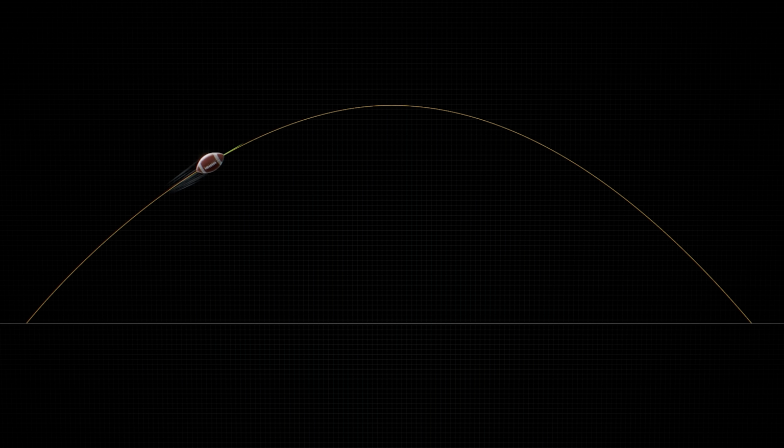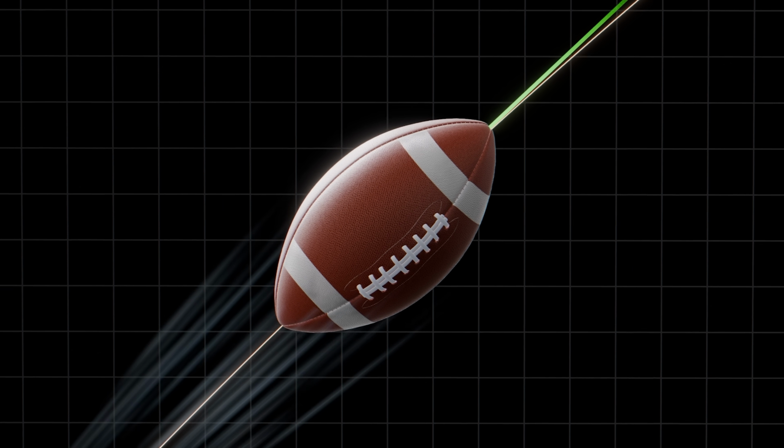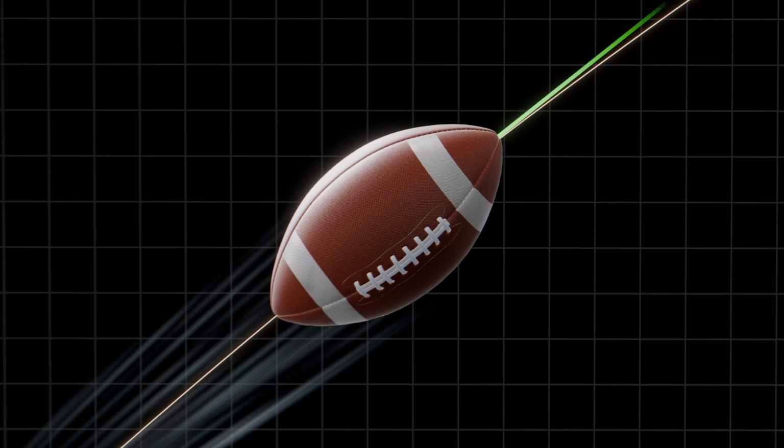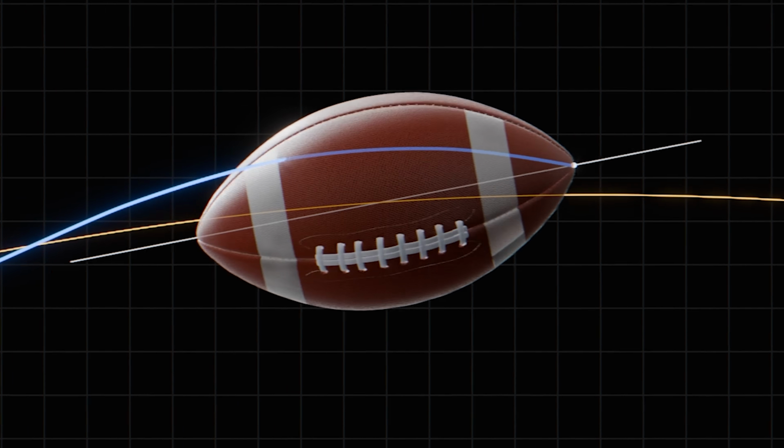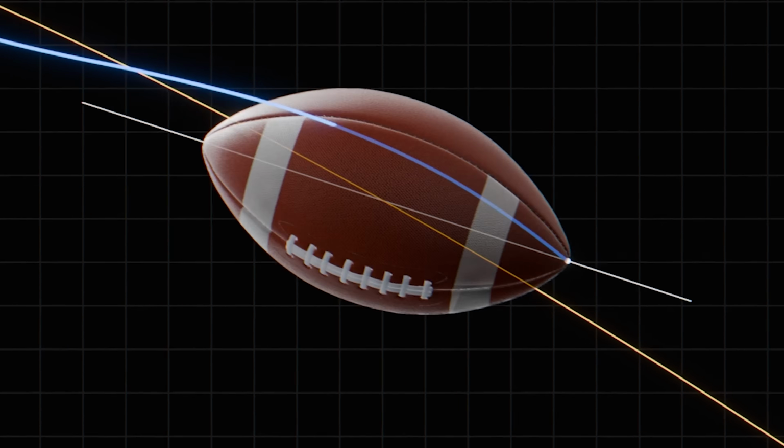Now, if the ball were just traveling straight, this would be the whole story. But remember from before, the ball's path is a parabola, meaning that from the ball's perspective, the oncoming air is constantly dipping down away from it. So the ball is trying to precess around the airflow direction, but that direction is constantly changing.